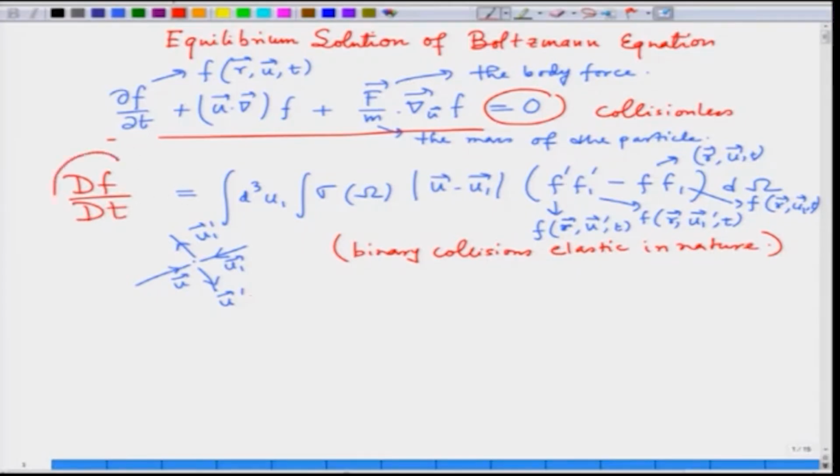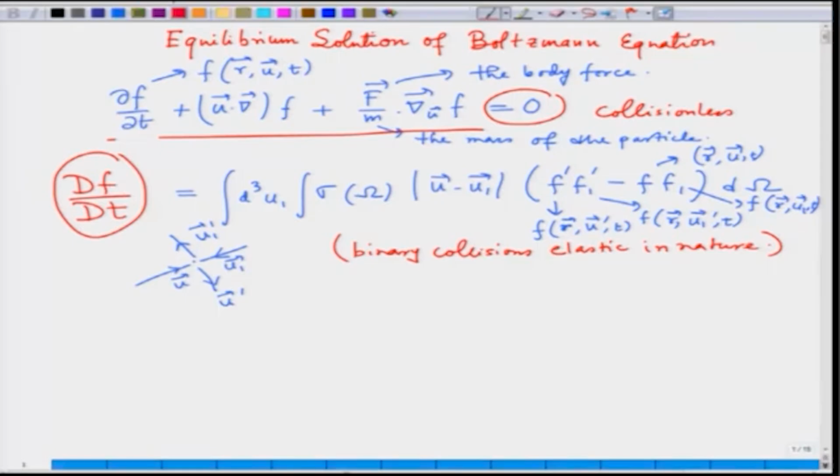So, the time rate of change of the distribution function will be exactly equal to this one. Okay. So, this model is not a general model for any arbitrary collision, it is for a very simplistic case.